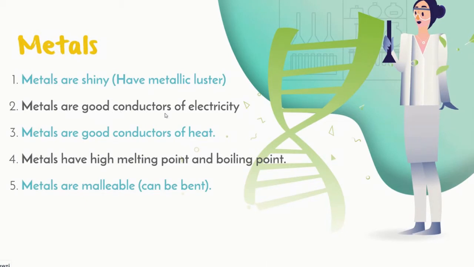Metals are also good conductors of electricity. What does that mean? We will see shortly after we discuss the property in nonmetals. You will see the difference between metals and nonmetals in conducting electricity.